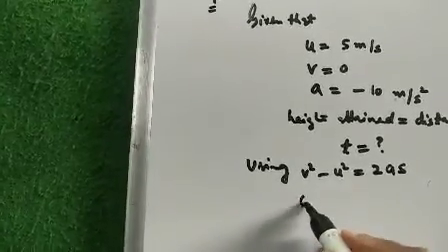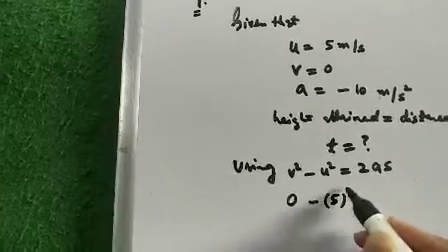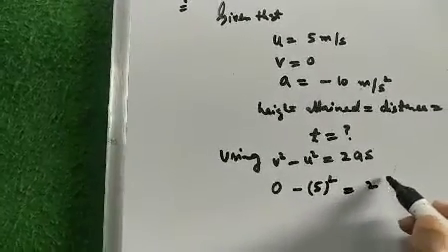V is given, that is 0. U is also given, that is 5 whole square equal to 2as.